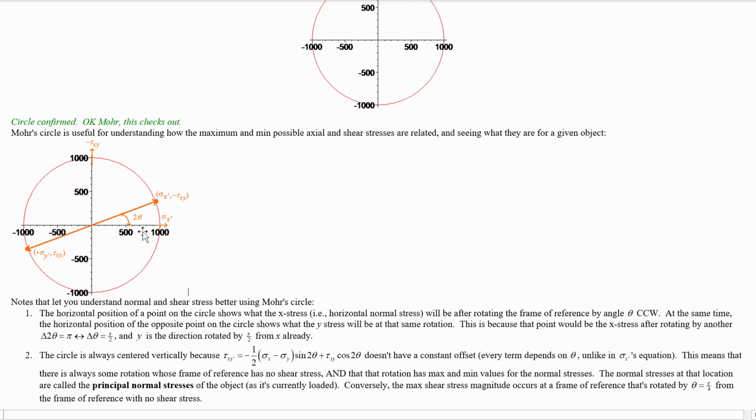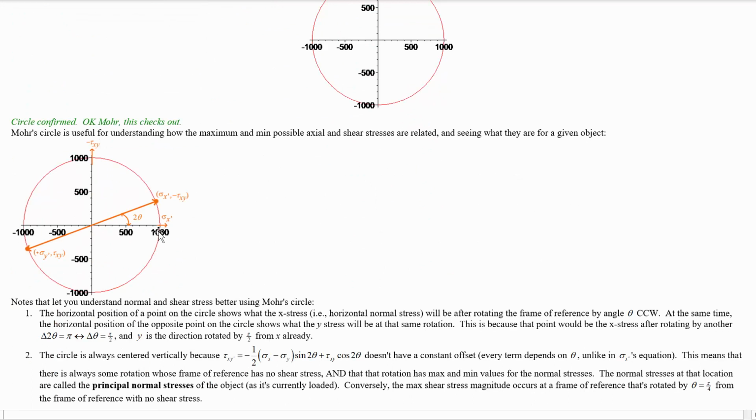So this means there's some theta where we should have a maximum x stress and a minimum y stress, and the difference between them will be 2000. These stresses, the maximum and minimum stresses you can have in the situation for some rotation, are the principal stresses.